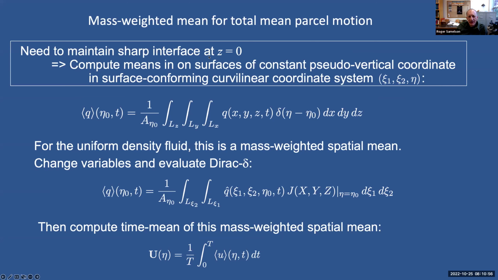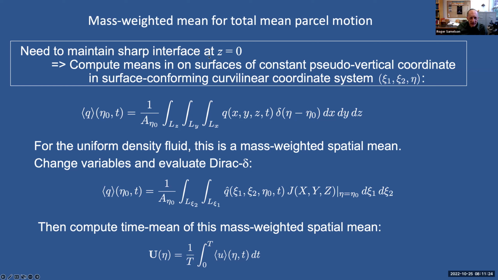It's a mass-weighted mean, and I argue that this captures the total mean parcel motion. And the main thing is we need to maintain that sharp interface at the surface. And so if we compute the means on surfaces of constant pseudo-vertical coordinate in a surface-conforming curvilinear coordinate system, then we catch these things.